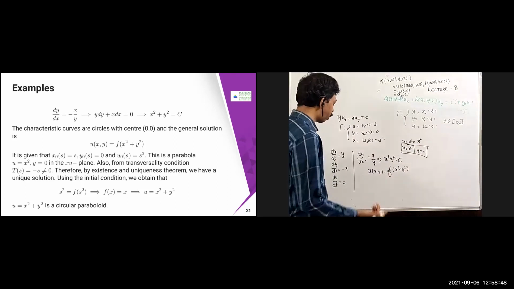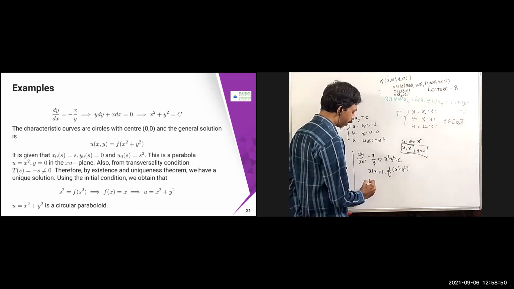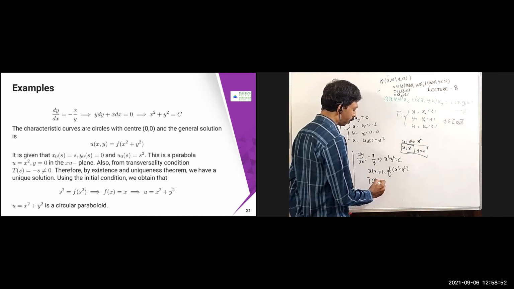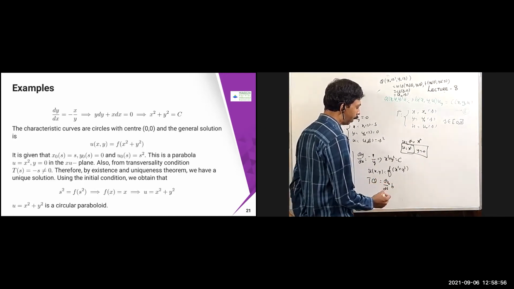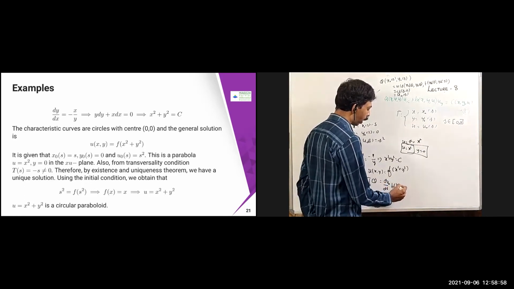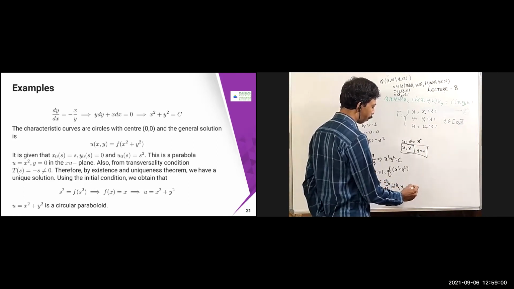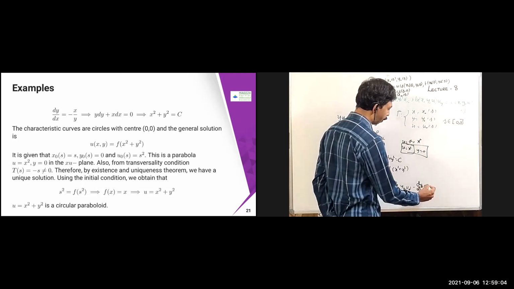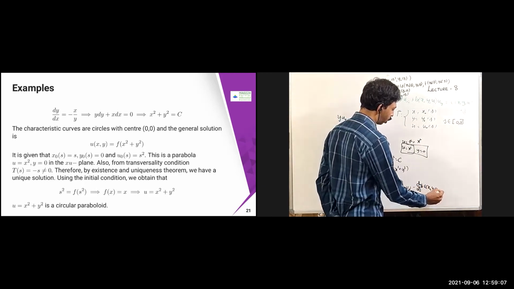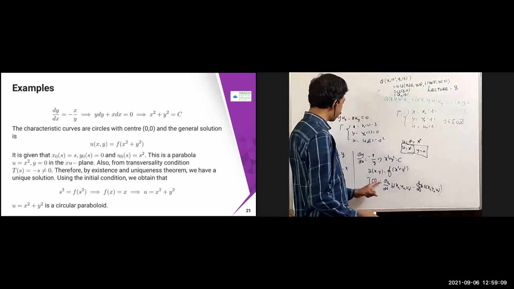Now the transversality condition. What is the transversality condition? T of s is nothing but dx naught by ds into b of x naught, y naught, u naught, minus dy naught by ds into a of x naught, y naught, u naught. What is dx naught by ds?